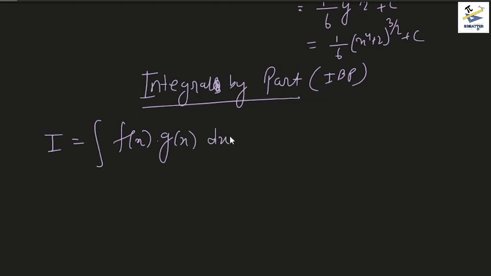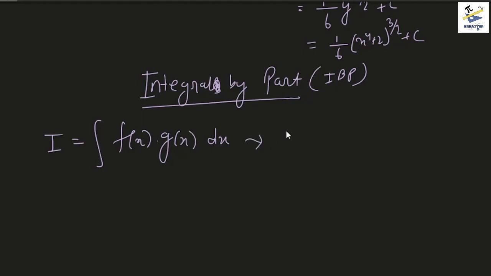What we do here is label the functions as function 1 or function 2, and once we do that, we have an easier rule to find the integral in terms of another integral, which might be easier to solve. As with derivatives, it does not obviously give you a direct answer, but it gives you a newer integral which might be easier to solve, and we have a rule for it.